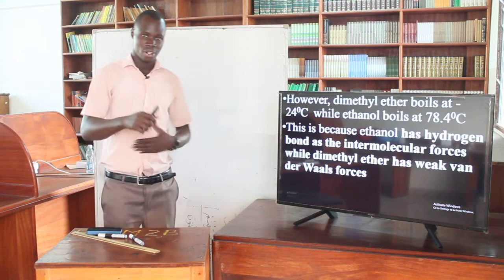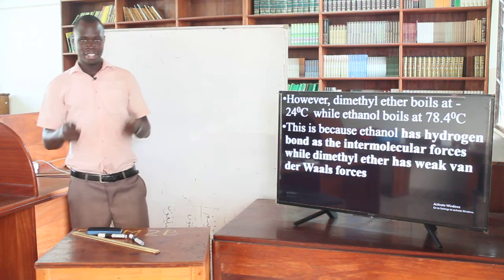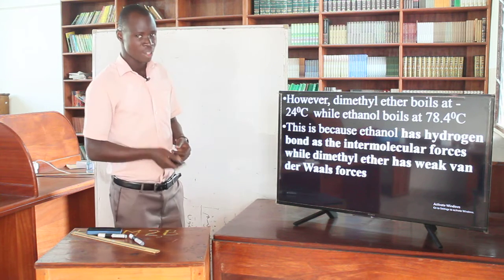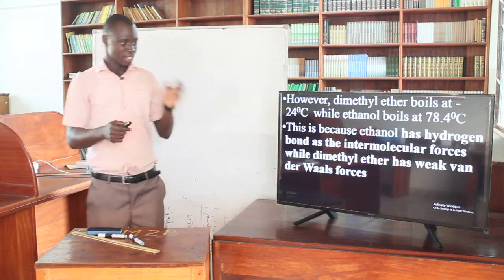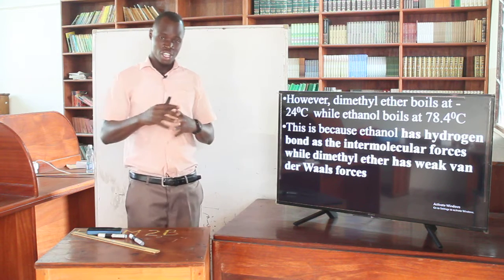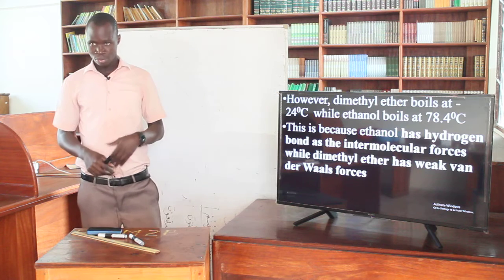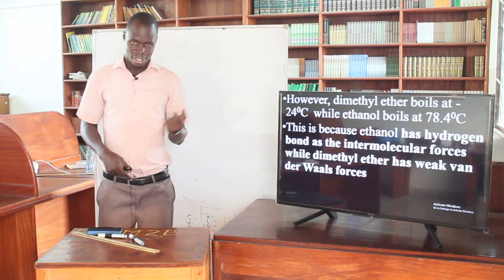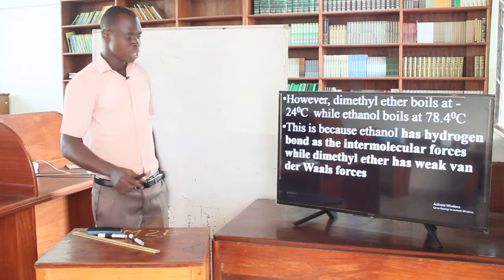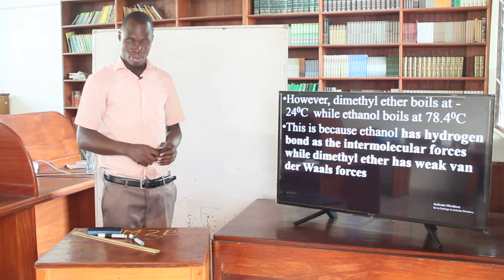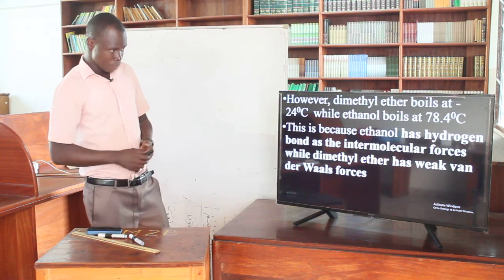This is because ethanol has hydrogen bond as the intermolecular force, while dimethyl ether has weak van der Waals forces as the intermolecular forces. Now, considering these two examples, there could be several examples that follow the same suit. But to your level, these are the examples that are going to be used for comparison.